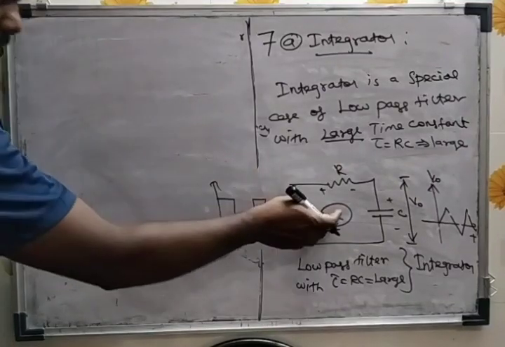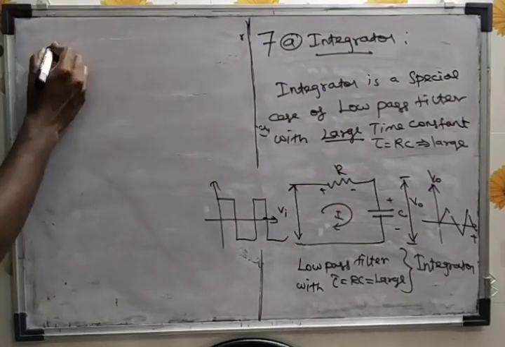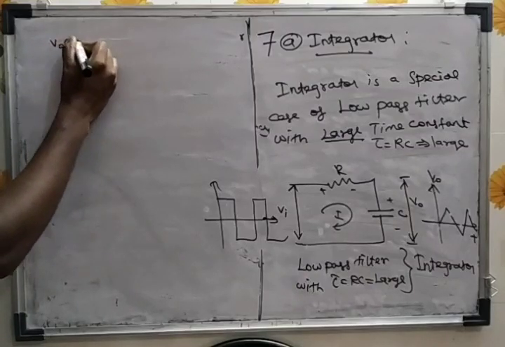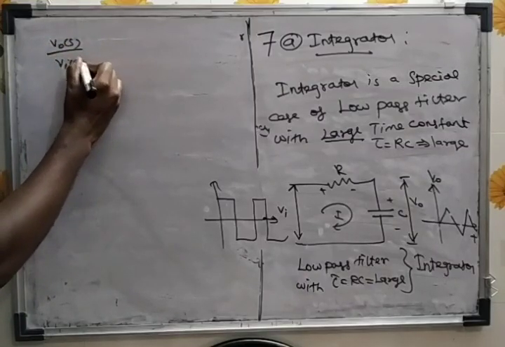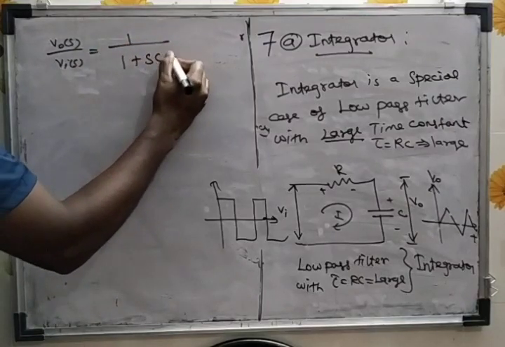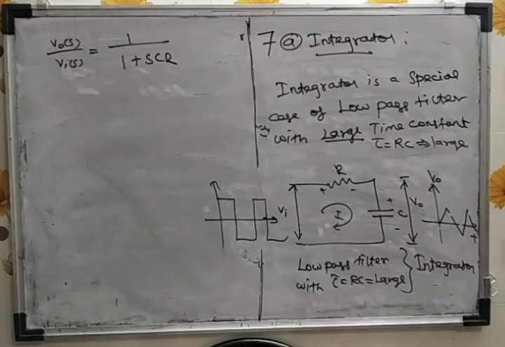For this circuit, we know that V0 of S by VI of S equals 1 by 1 plus SCR.